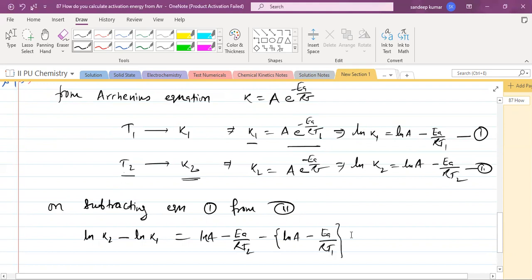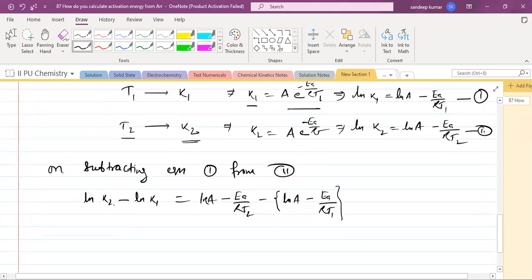You know that log of M minus log of N is what? Log of M by N, right? So we can apply here ln K2 by K1 is equal to ln A minus EA by R into 1 by T2, minus ln A, and minus into minus becomes plus EA by R into 1 by T1.